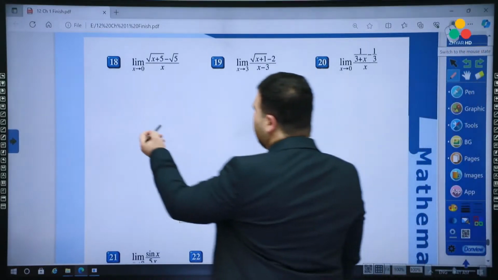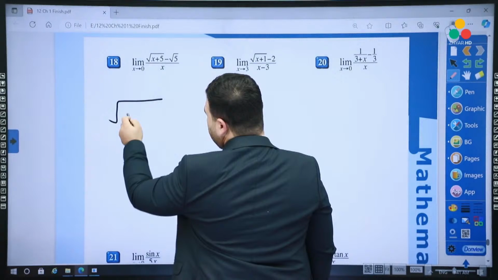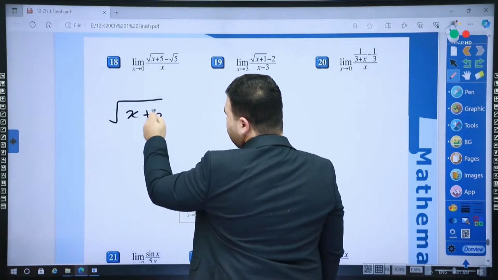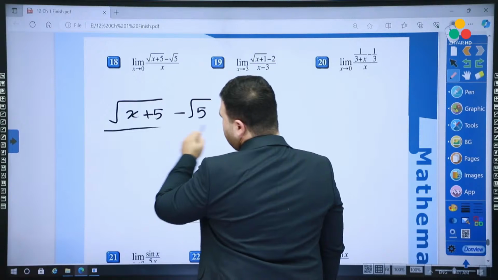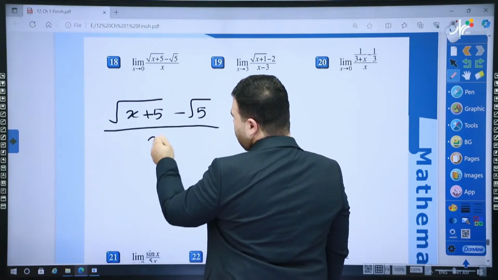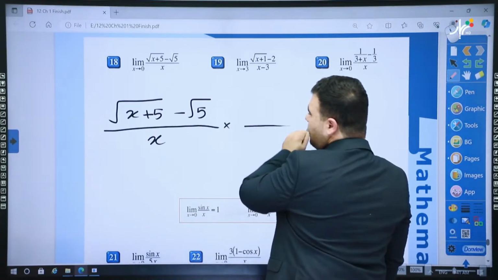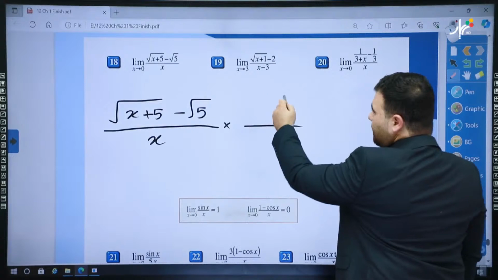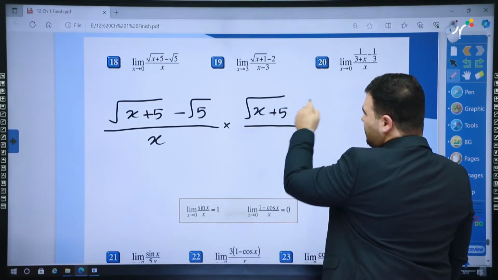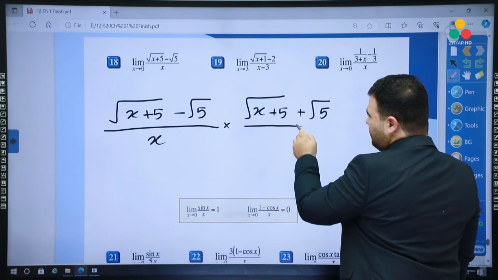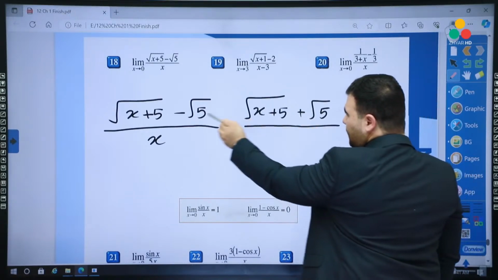We need to multiply up and down by, that's x plus 5 minus square root 5 over x. We need to multiply up and down by square root x plus 5 plus square root 5. This is the conjugate.